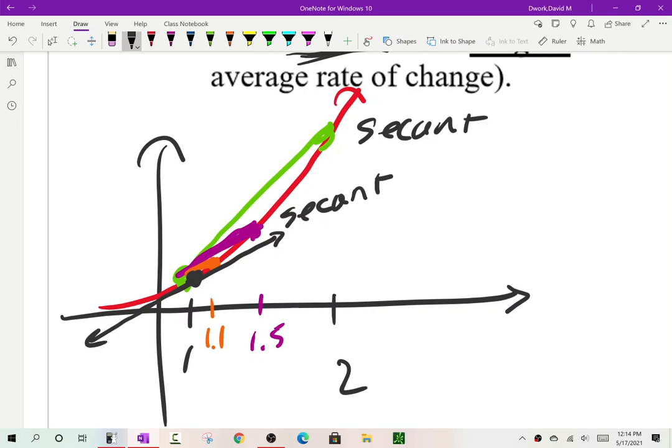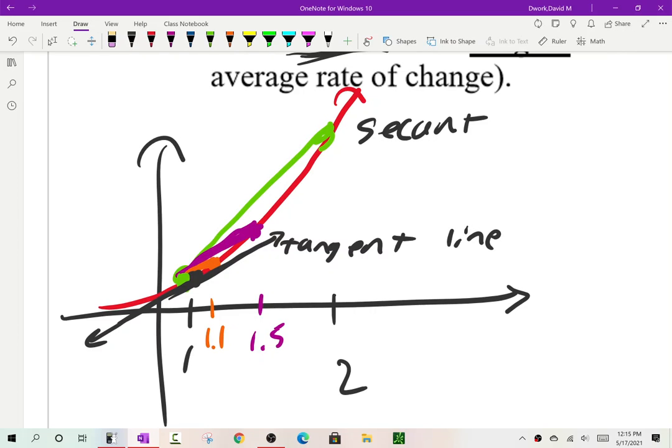But notice this black one and the green point, they are so close together. Like they are so right on top of each other that essentially I can't even draw a line. So if I just extend it out, this is looking more like a tangent line. What is a tangent line?